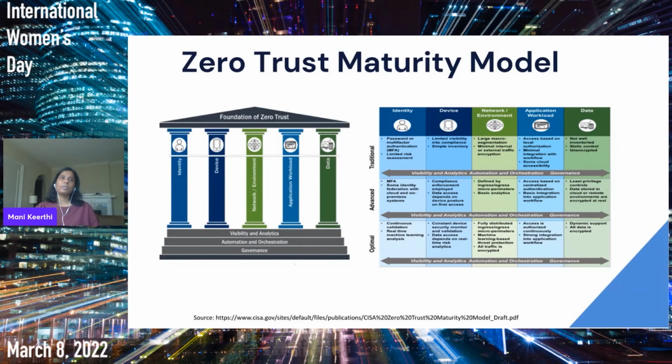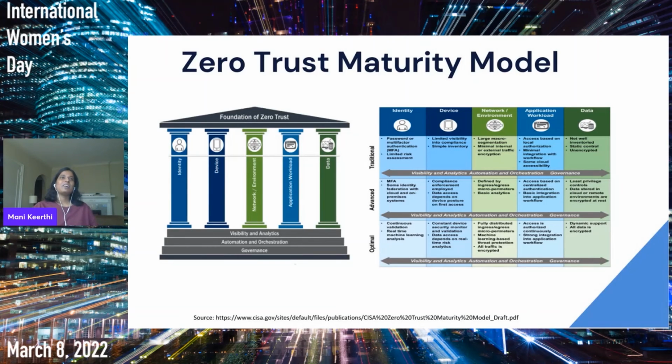Optimal, fully automated, assigning attributes to assets and resources. Cross-pillar interoperability, centralized visibility. So these maturity stages and more specific details associated with each pillar can allow organizations to plan, assess, and maintain the investments needed to progress towards zero trust architecture.